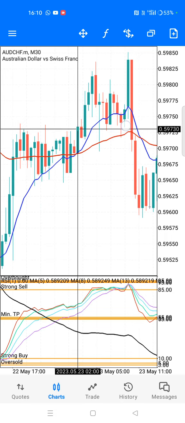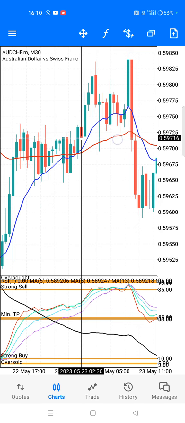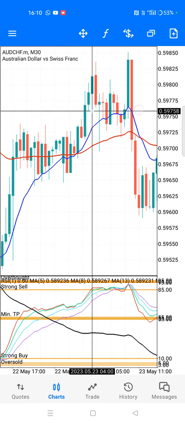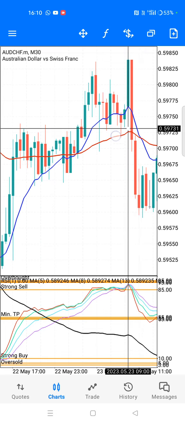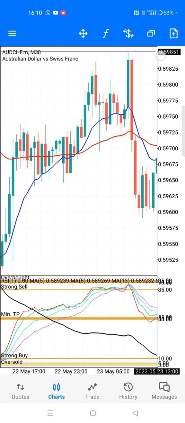The next candlestick then you buy, so it will be around here 059734, and then it went down, and then it went up. 059734. You only achieve 734 all the way to 850, about 16 pips. It's not worth it.